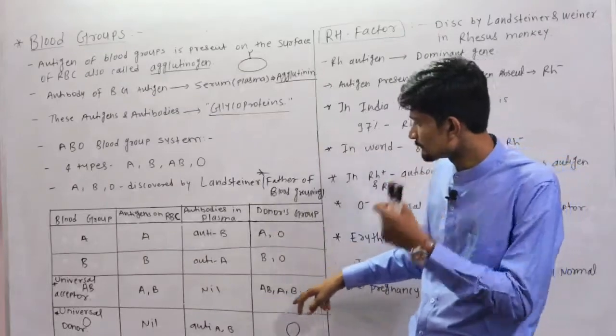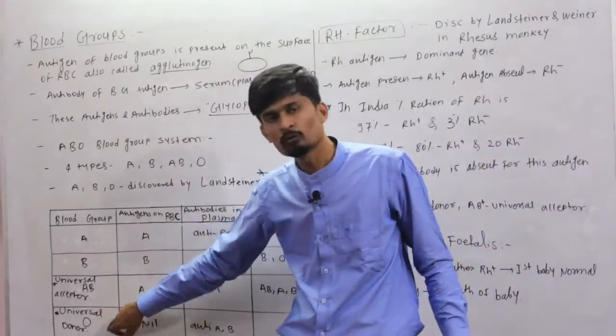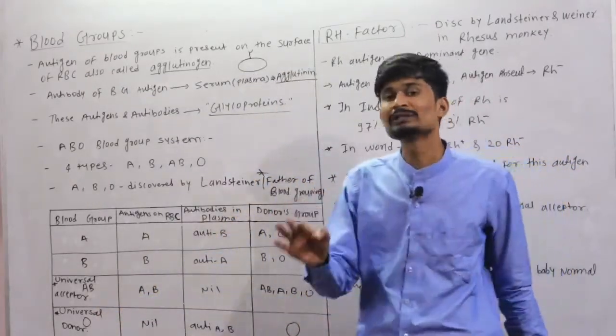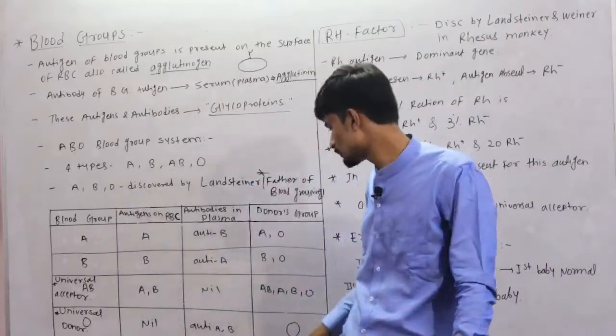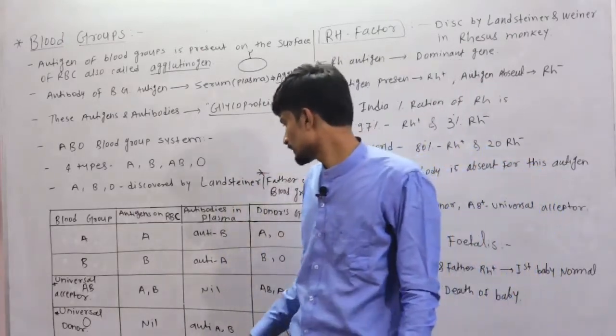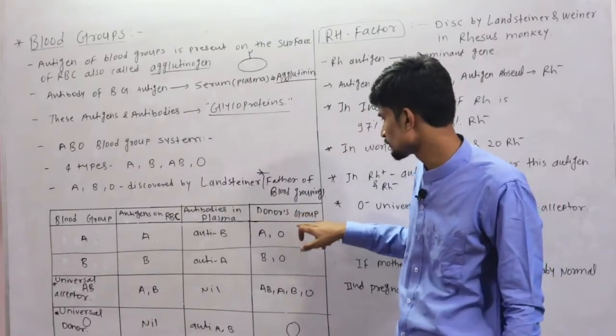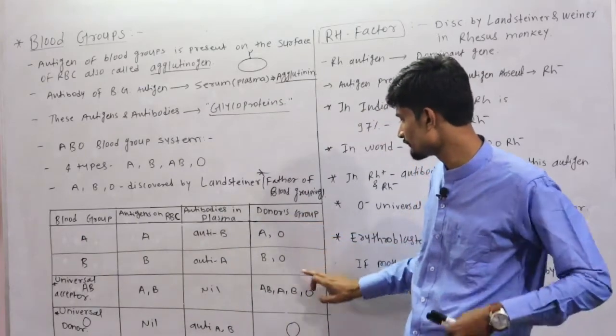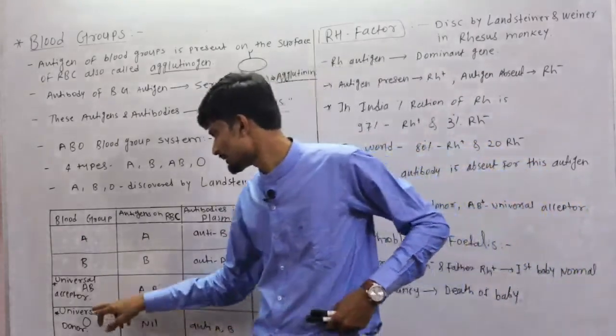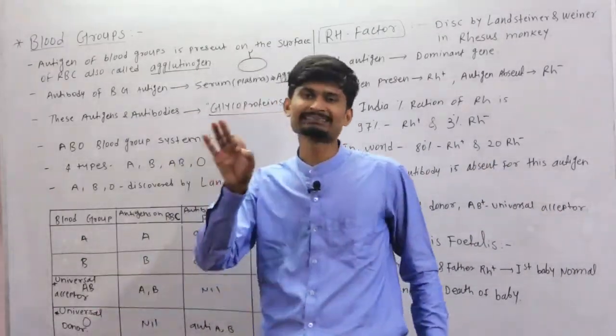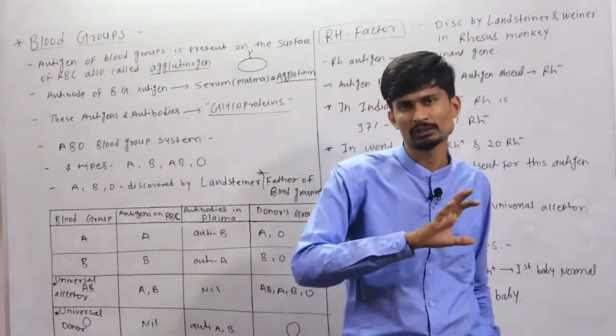Now the donors group. So this blood group O can receive blood only from the blood group O. But if you have observed the donors group, it is present everywhere. So that's why blood group O is called the universal donor.